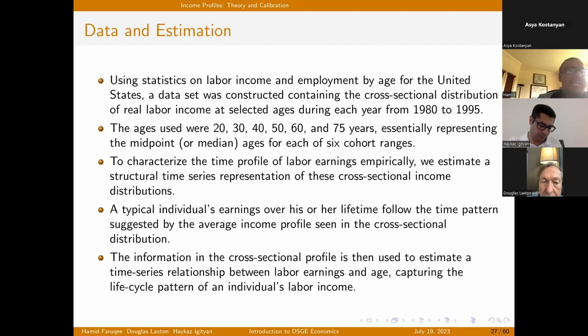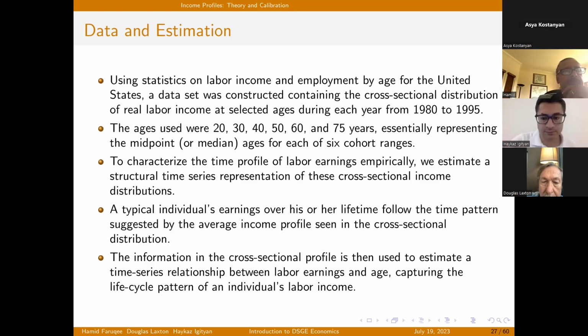So in terms of data and estimation, we went to the data and looked at labor income and employment by age in the US. And then we constructed, getting this cross-sectional information, the distribution of real labor income by age groups. We looked at ages from 20, 30, 40, all the way through 75, essentially, taking the midpoints of those age groups across those different cohorts to get the data for the time profile of labor earnings.